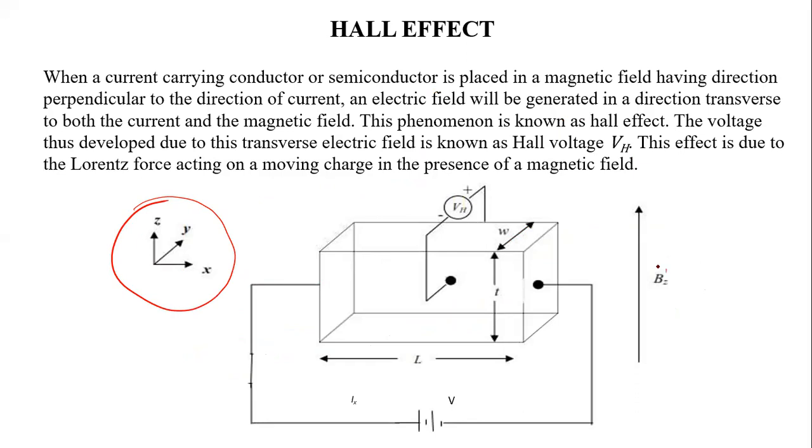And as you see here, the magnetic field is along the upward direction. There is a positive terminal and a negative terminal of the battery here. This is how we denote a DC battery: the broader side is the positive terminal and the smaller side is the negative terminal. So you have a positive voltage applied here, and a negative voltage applied here.